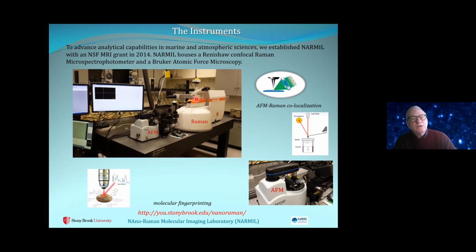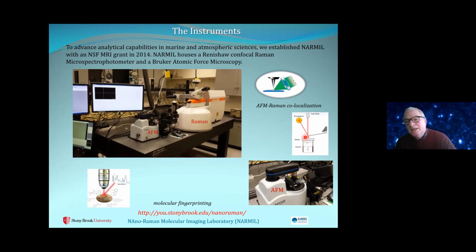And the unique feature of our setup is that on the same benchtop, we have an atomic force microscope. Here's the working stage of the atomic force microscope. And we are able to optically couple the Raman to the atomic force microscope, send laser light through this black tube, focus it through an objective lens, I'm circling it right here, and point that laser light at the tip of the AFM sampling tip, which is about 10 nanometers in diameter.